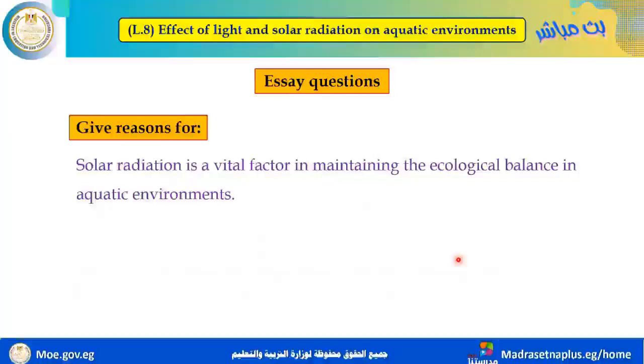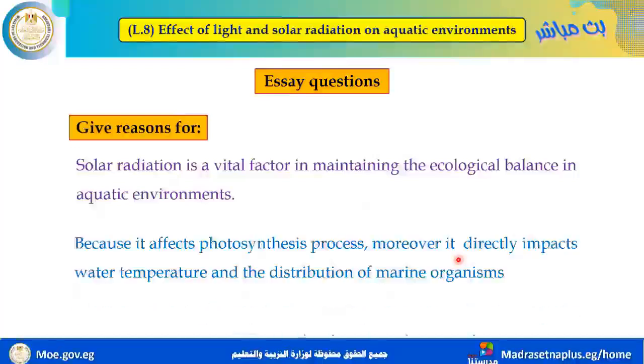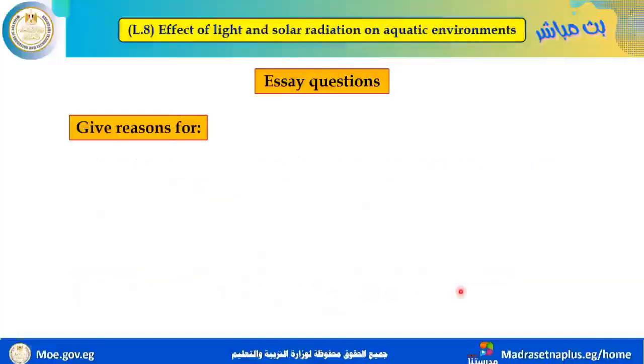Solar radiation is an available factor in maintaining the ecological balance in the aquatic environment. Okay, let's go for the answer. Because it affects the photosynthesis process. Moreover, it directly impacts water temperature and distribution of marine organisms.